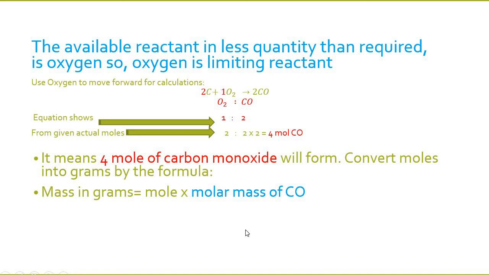The available reactant in less quantity than required is oxygen, so oxygen is limiting reactant. Use oxygen to move forward for calculations. Write the equation, O2 and CO. Equation shows that 1 mole of oxygen gives 2 mole of CO, and 2 mole, as given by the examiner, gives 4 mole of CO. It means 4 mole of carbon monoxide will form.